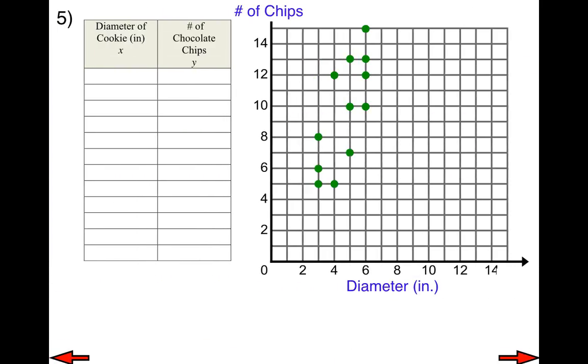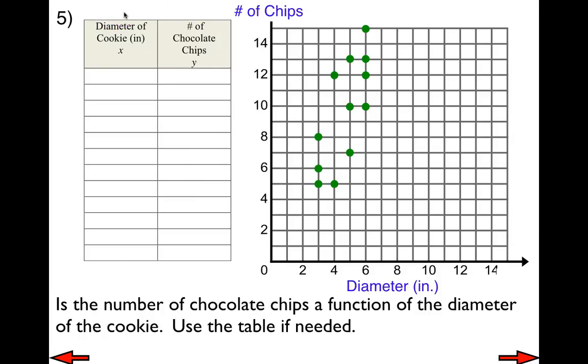Okay, so take a look at this one. Notice we're given a lot of information here. We have a graph. We're given an empty table if you want to use it. And we're asked, is the number of chocolate chips a function of the diameter of the cookie? Use the table if needed. Personally, I don't need a table.